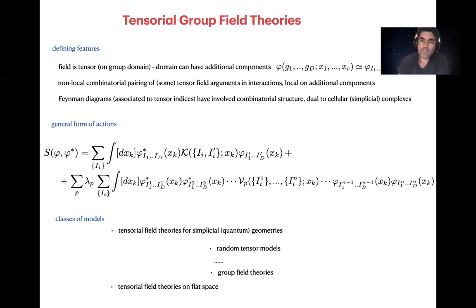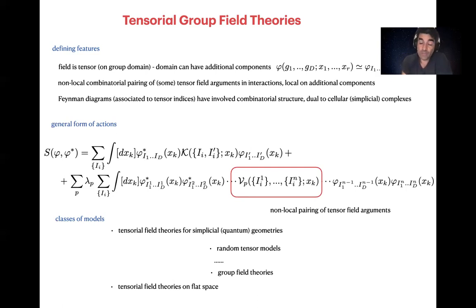Now, the general form of the action is represented in a very schematic form on the slide. So you have kinetic kernels and interaction kernels characterizing each model. And again, the main distinguishing feature is that with respect to the tensor field arguments, in general, the interaction kernels are combinatorially non-local.